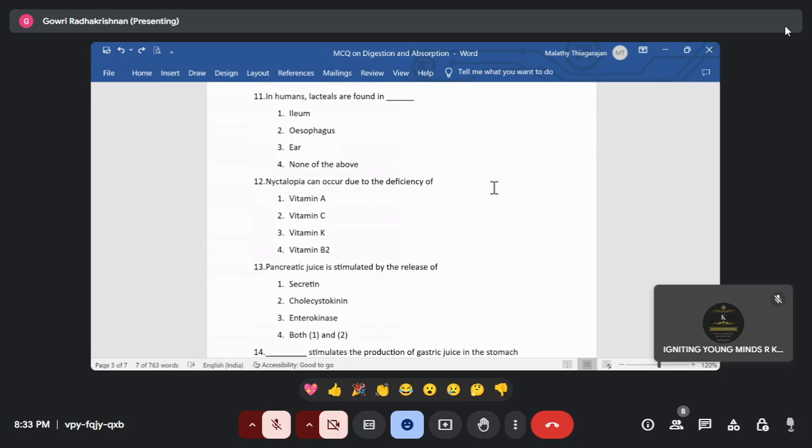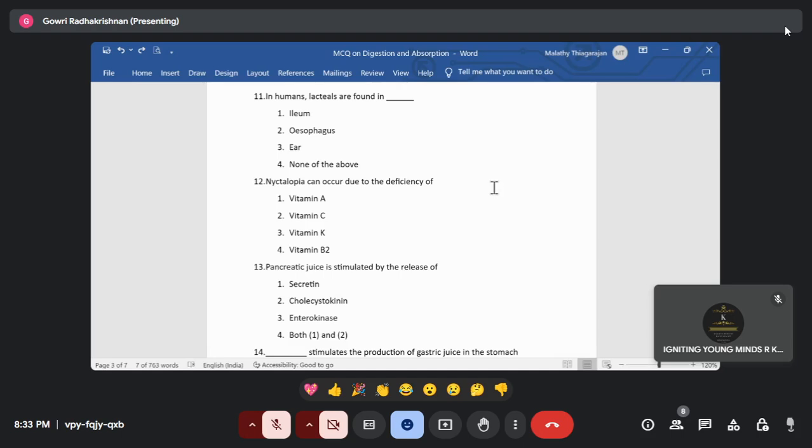Where is it situated? Lacteal is a lymphatic capillary. Where is it located? Villi of the small intestine. Okay, it's situated in the villi of the small intestine. It's a lymphatic capillary. All right, so now we know what lacteal is.